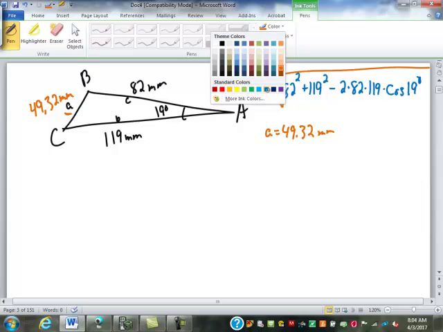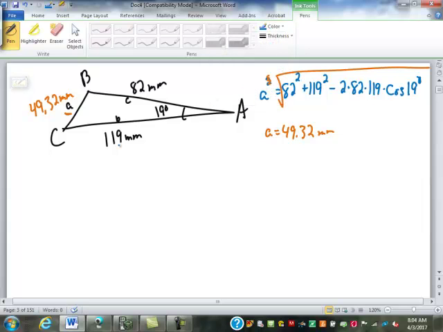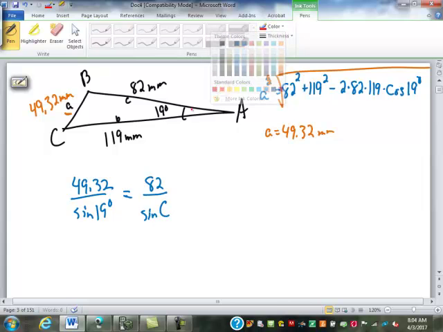So now when I go to find the next angle, I have that 49.32 over the sine of 19 degrees. Which side do I want to use next, the 82 or the 119? The 82, always use the smaller one. So that'll be over the sine of angle C. So we'll cross multiply and divide.